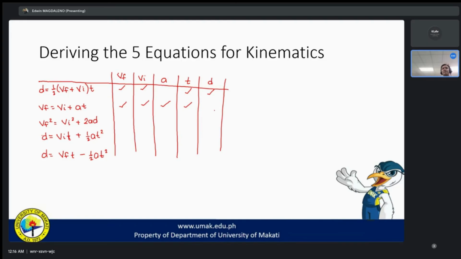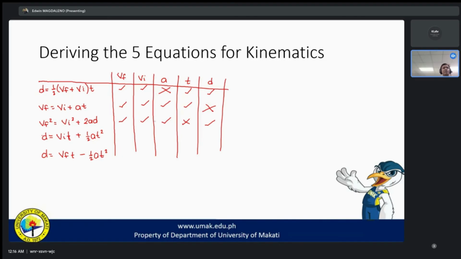We don't have displacement, so let's put an x here. For equation 3, final, initial, acceleration, and displacement, we don't have time.